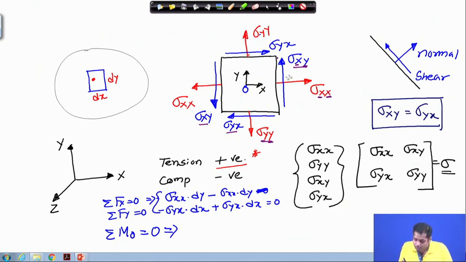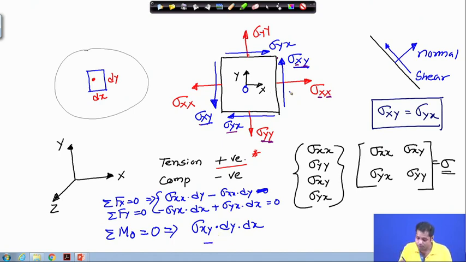Now, you see, sigma xy, this one, and this sigma xy will produce an anti-clockwise couple. This is the stress, acting on dy, so multiplied by dy, which becomes force, and then multiplied by the distance between these two forces, which is dx, this becomes a couple.